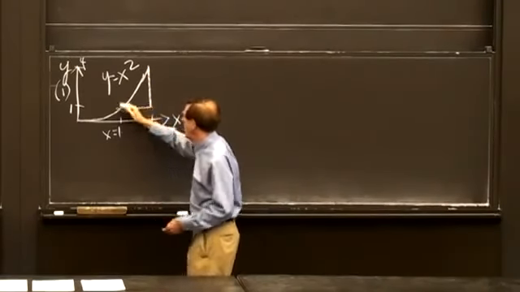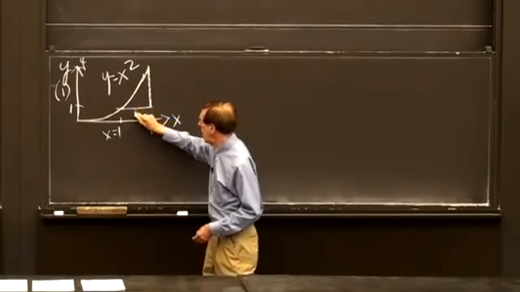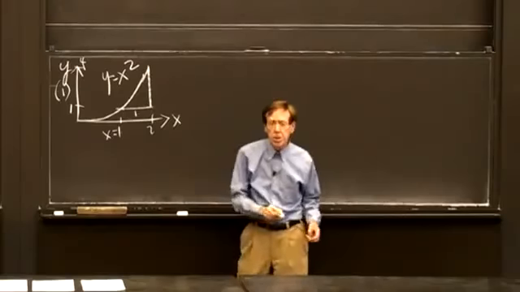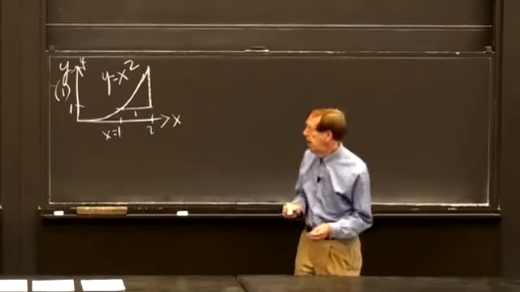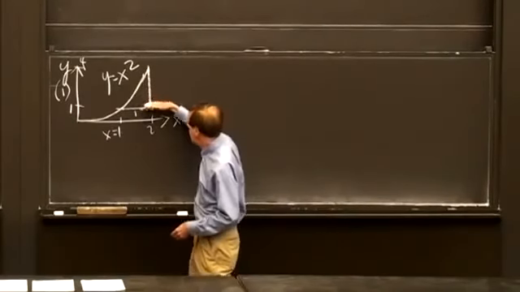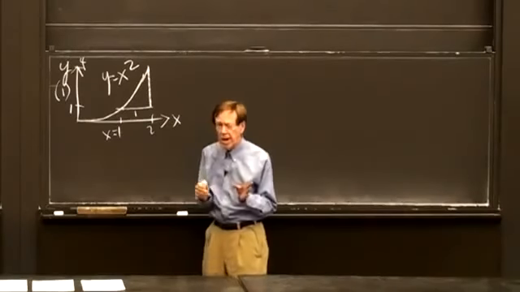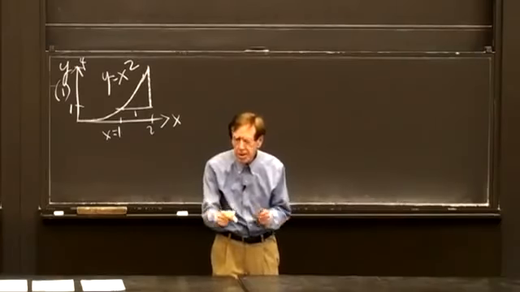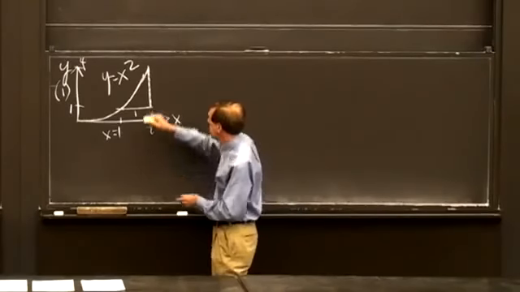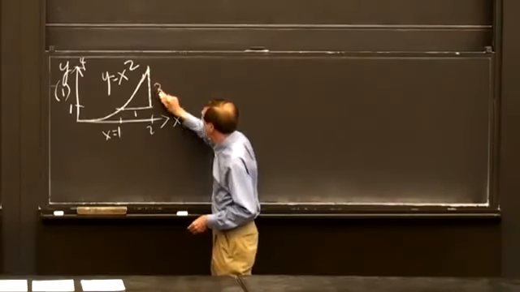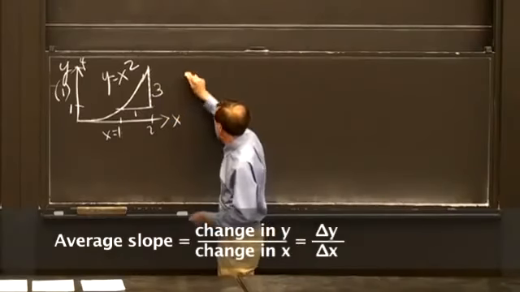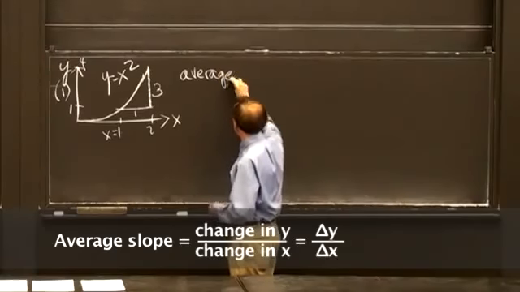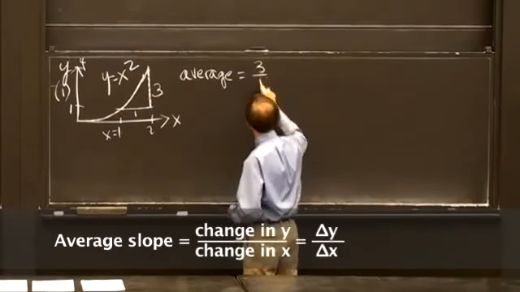The average slope there would be, in a distance across of 1, I went up by how much? 3. I went up from 1 to 4. I have to do a subtraction. Differences, derivatives, that's the connection here. So it's 4 minus 1, that is 3. So I would say the average is 3 over 1.